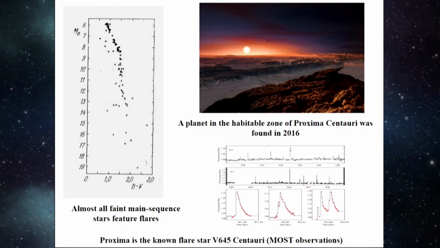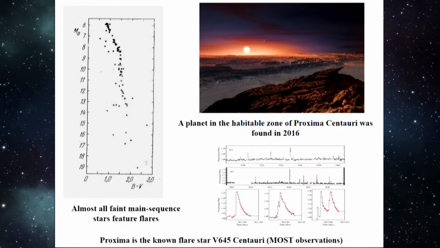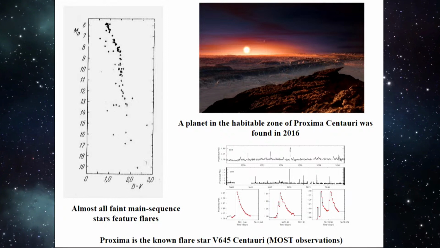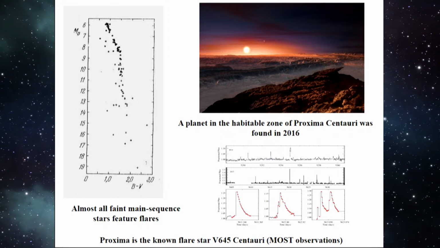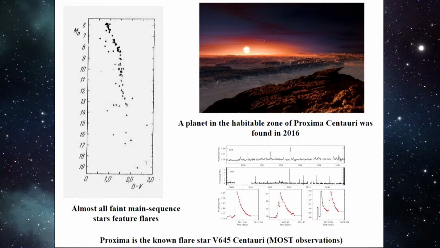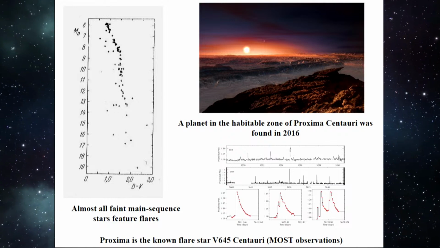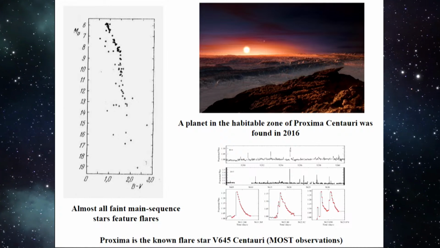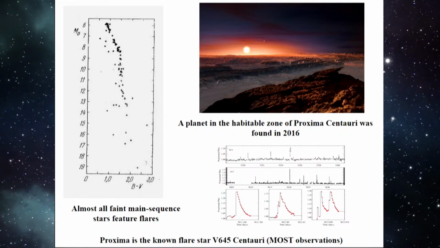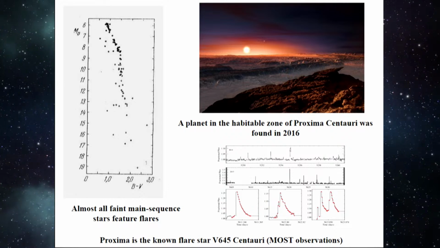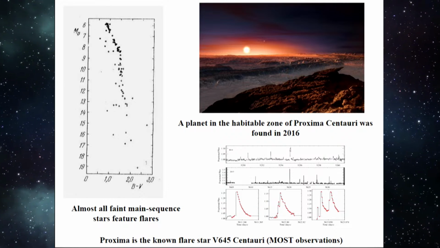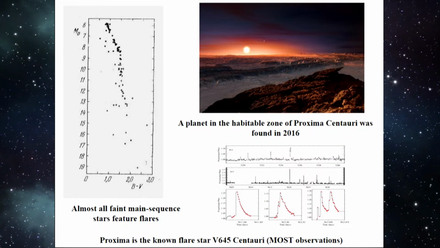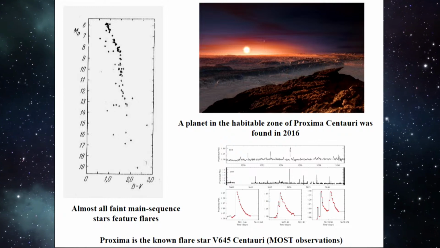And just imagine that you live on this planet, and the radiation from their sun changes by a factor of 2, for instance, and very quickly. You have a lot of radiation, then you have not this great radiation. It's difficult to live in such a zone.